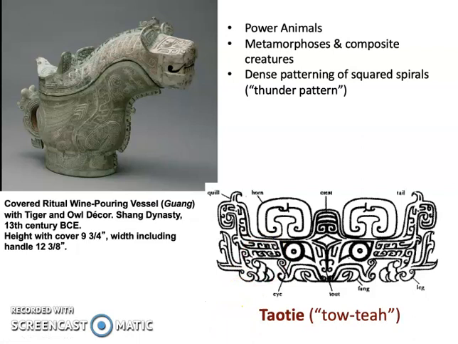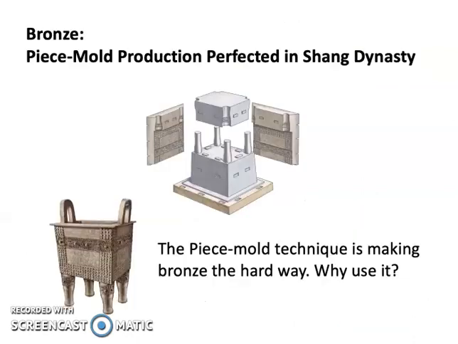So the way these bronze objects look, their visual style, is important, though not fully understood. Also important is the way they were made, the technique used to produce the bronze objects. Shang dynasty artisans used what's called the piece mold production technique.